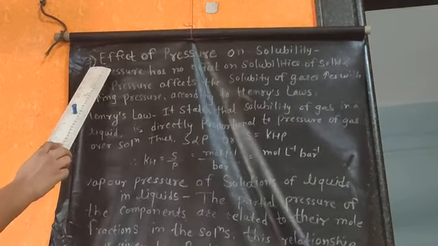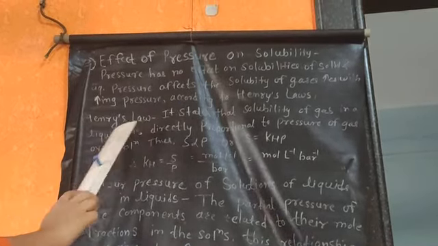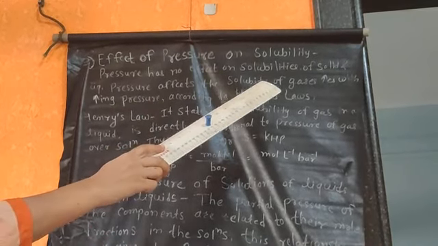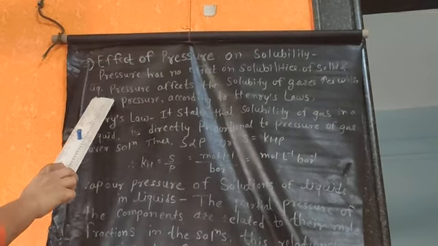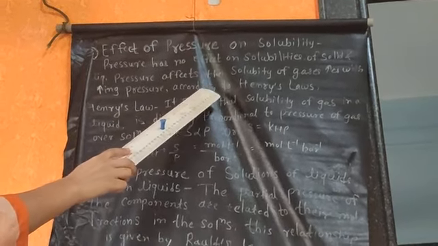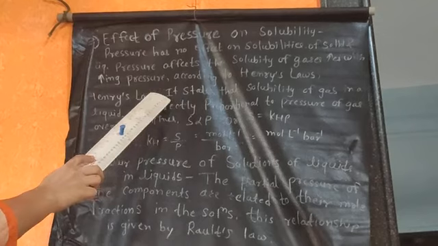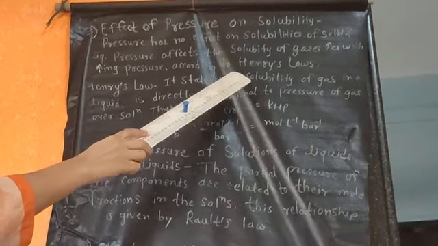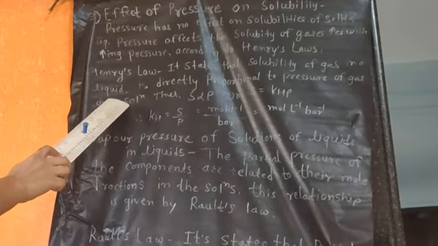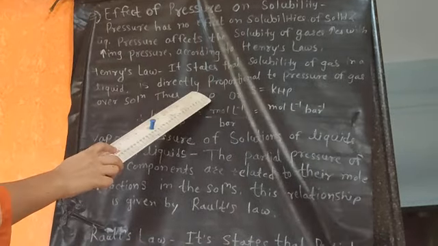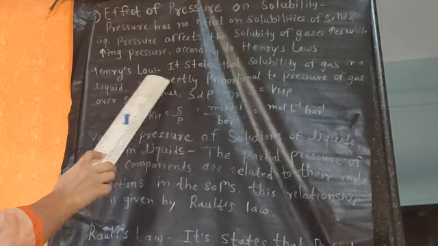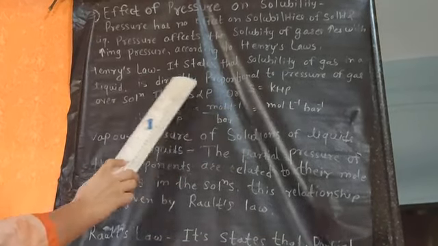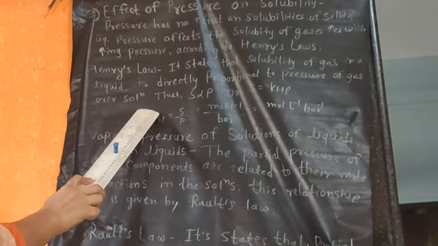The third point is the effect of pressure on solubility. Pressure has no effect on the solubility of solids and liquids. The solubility of gases increases with increasing pressure, according to Henry's law. Henry's law states that the solubility of a gas in a liquid is directly proportional to the pressure of the gas over the solution.